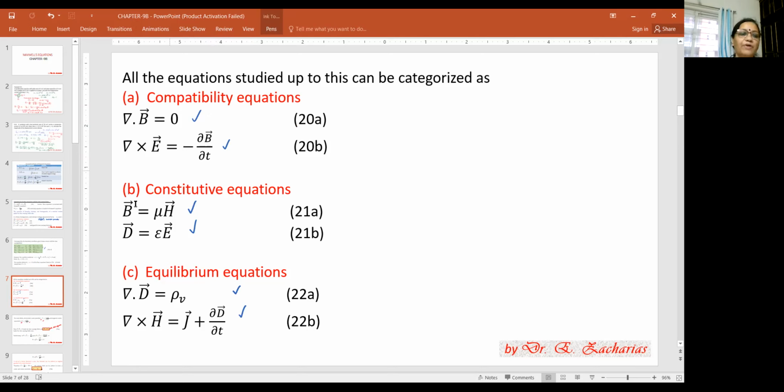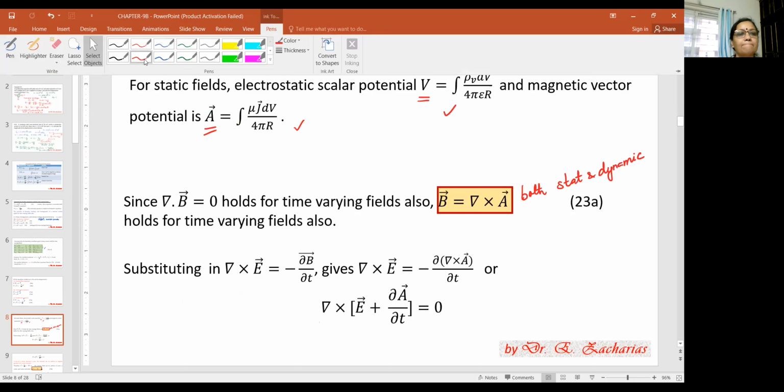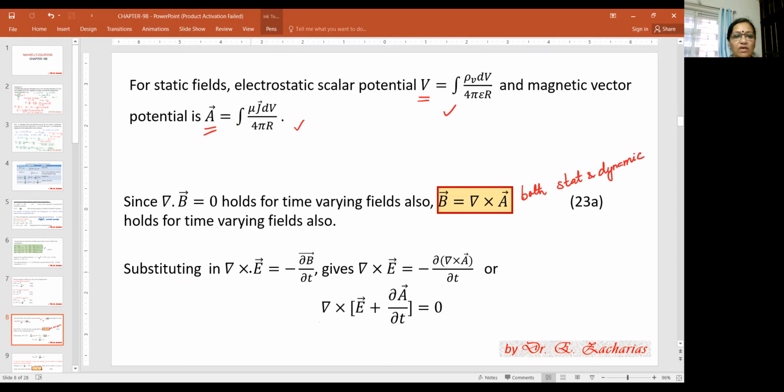So let's take the next compatibility equation, del cross E is equal to minus dou B by dou T. Here, let us substitute B is equal to del cross A. When you do that, what are you going to get?